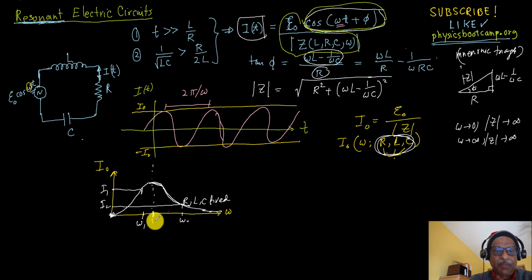But if it's omega 0... so say this was at omega 1, and this was I1, so it will go between I1 and minus I1 amplitude. And if I'm at omega 2, then it might change also here.